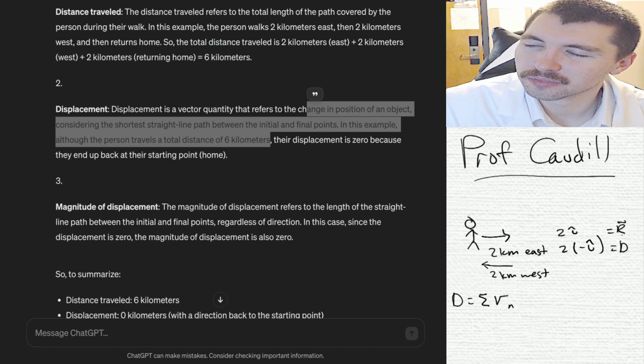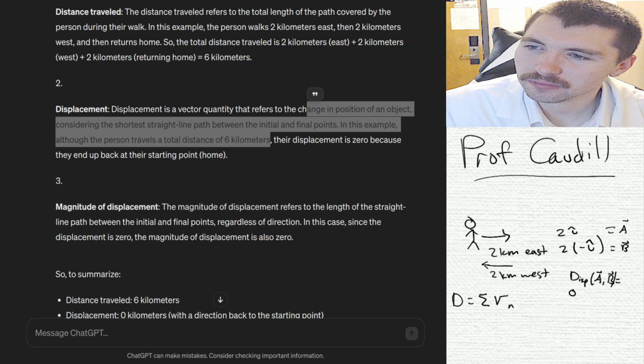Let's just say this is A, this is B, so displacement AB is going to be the total distance.